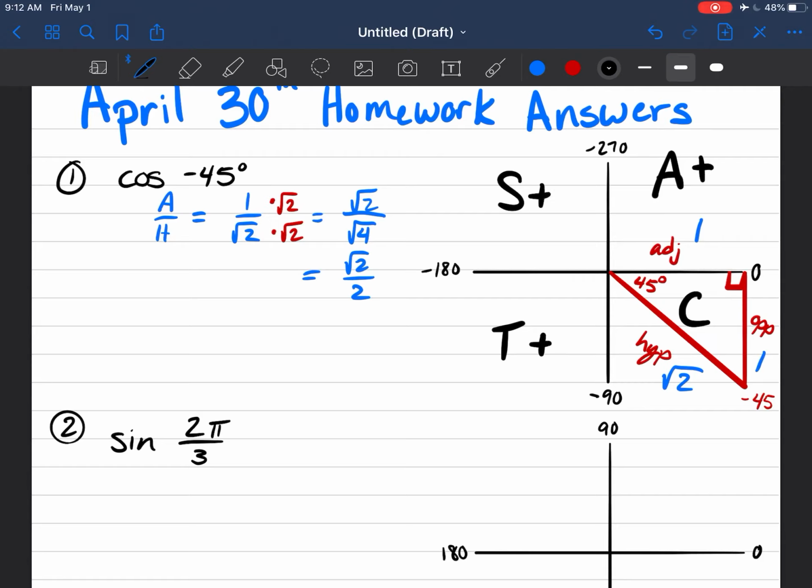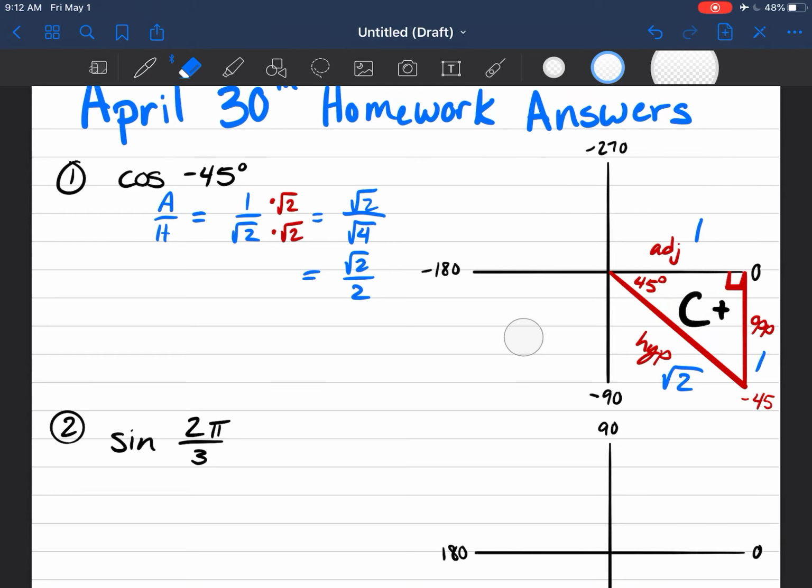Quadrant 3, tangent's positive. And in quadrant 4, cosine is positive. So we don't really need the other 3 because our graph was not in that quadrant. It was in quadrant 4, so we just need to know about that one. So in that one, cosine is positive. We are doing cosine, so that means that the answer should be positive. So there you go. Done.